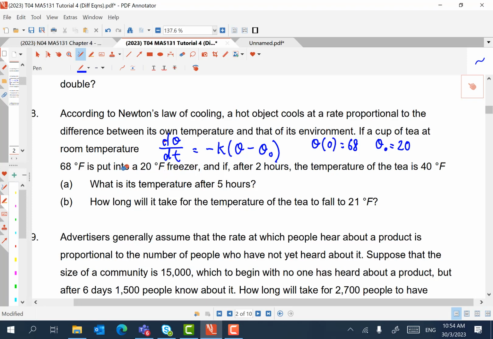So to answer part A, first and foremost you need to solve this DE. Can you all now try solving this DE and let me make a comparison? What then would be the solution of this DE?